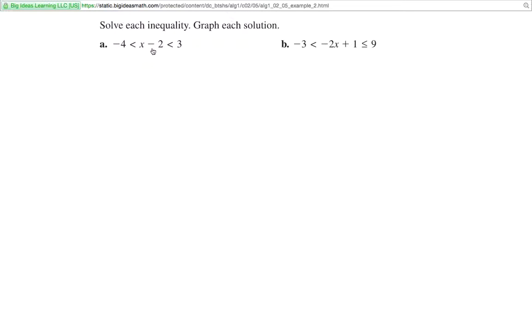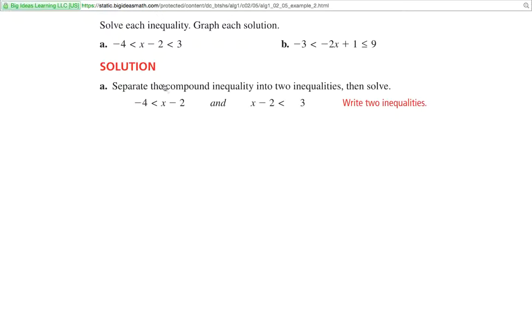So in letter A, we're going to be adding 2 to both the left and the right. We're adding 2 over here, which cancels out. -4 plus 2 is -2. It's less than x. Then over here, you're going to add 2 to this side. So this becomes x is less than 5.